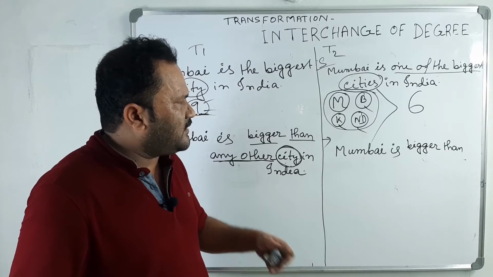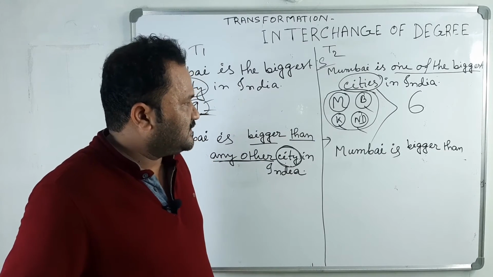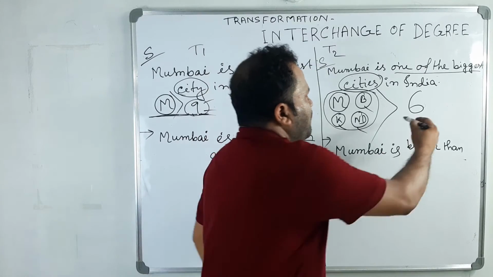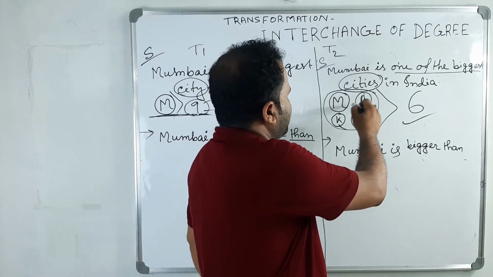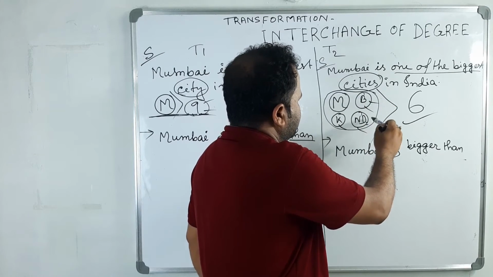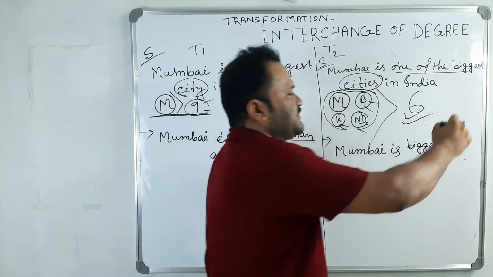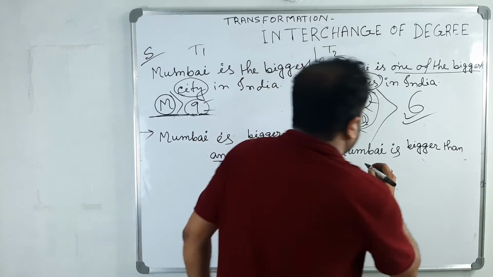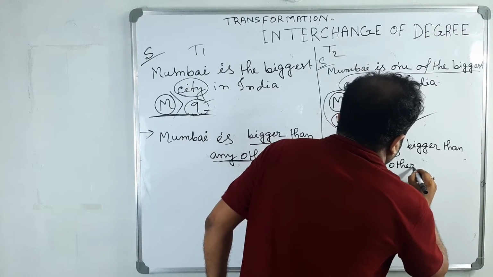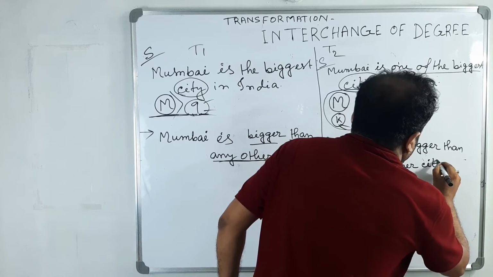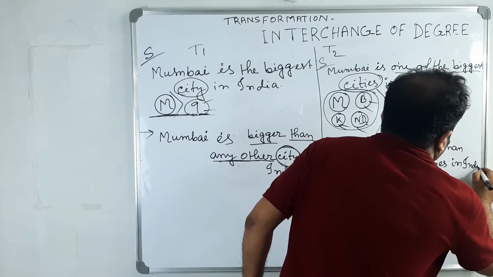So you cannot write Mumbai is bigger than any other city. What you have to write? Mumbai is bigger than most other cities. The comparison is not between these cities, but between Mumbai and most other cities. So you have to write Mumbai is bigger than most other cities in India.